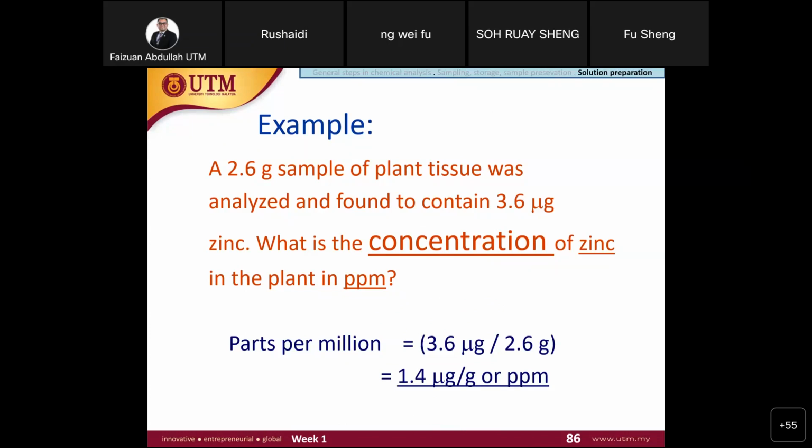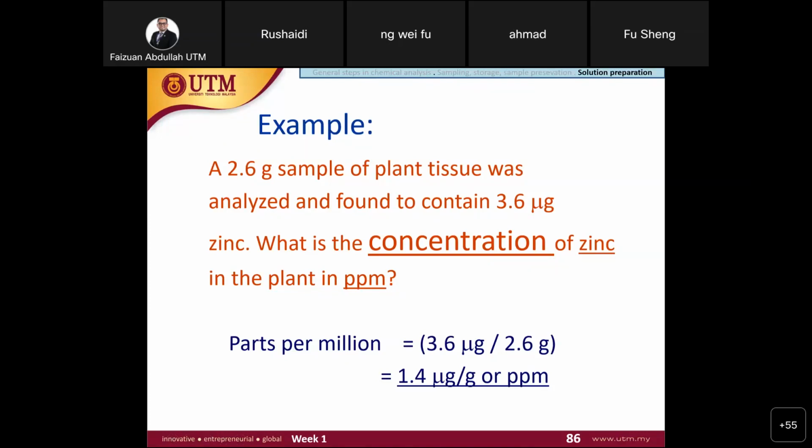So the concentration, when you calculate, is 1.4 microgram per gram, or ppm unit. Okay, guys, understood now? Give thumb up. Yes, doctor.